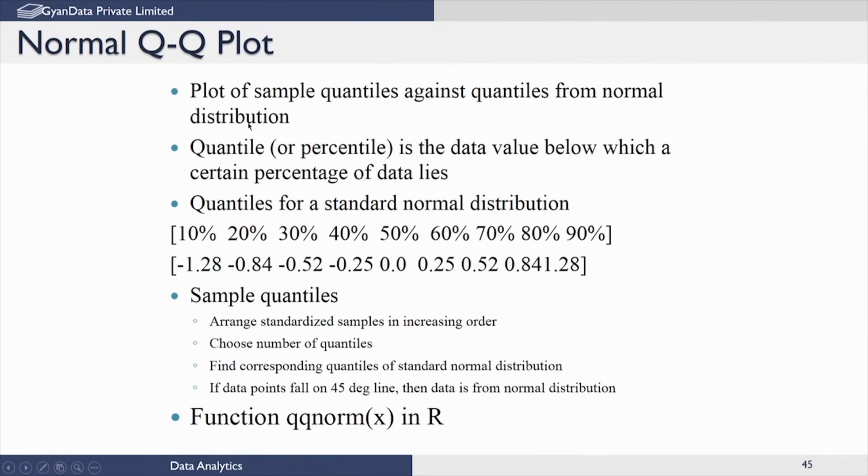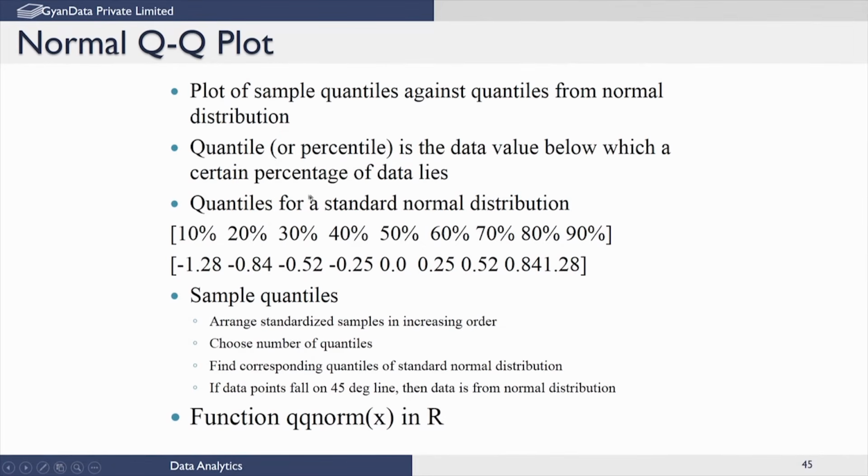So, if we want to compare whether a given set of data follows a certain distribution, then we plot the sample quantiles against the quantiles drawn for that particular distribution against which we want to test this sample. In this case we want to test whether the standardized residuals come from a standard normal distribution, and therefore we will take the quantiles from the standard normal distribution and plot it.